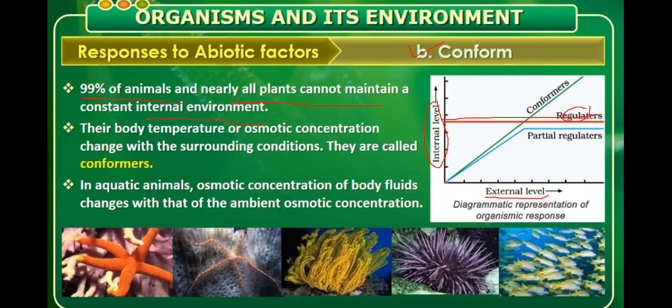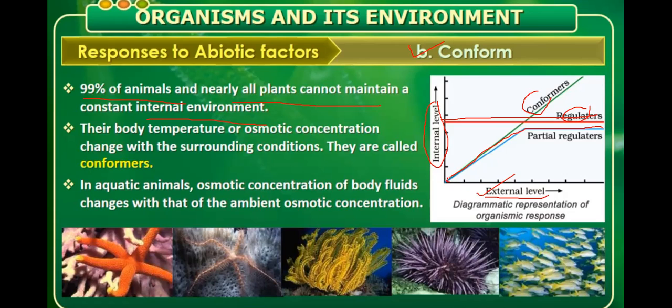Here, the internal temperature varies. If external temperature increases, internal temperature will also increase. It keeps on increasing with external temperature, but after some time they will start regulating. That is called partial regulators. And there are some animals where an increase in the external level gives a proportional increase in the internal level.